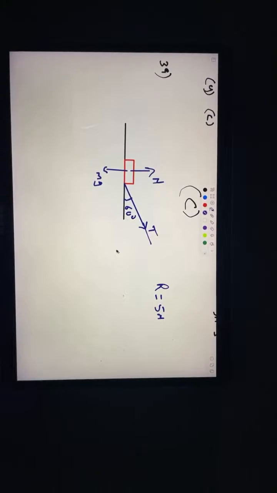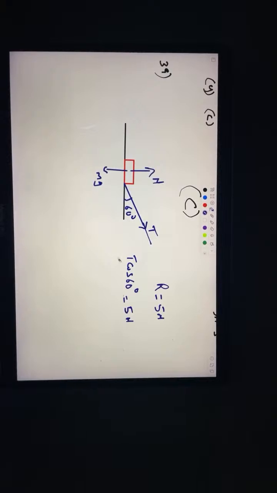The effective force pulling the toy along the horizontal being 5 newtons, then the tension in the string. Like I said, this is already very easy. On this horizontal, the only force pulling is T. So the component is T cos 60 degrees, which is equal to 5 newtons.